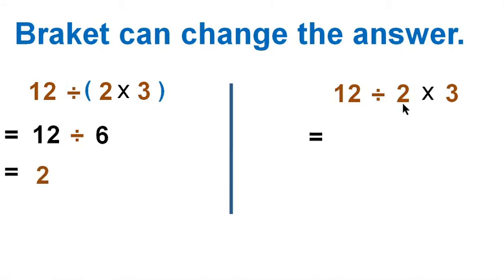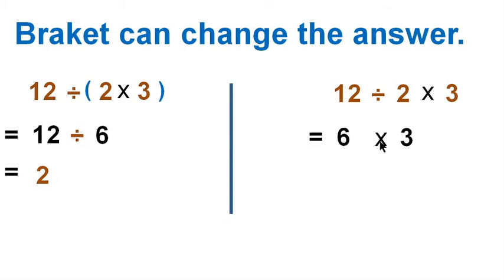And in the second simplification there are two operations, division and multiplication. If we divide 12 by 2, we get 6, and multiplied by 3 will be written here same.